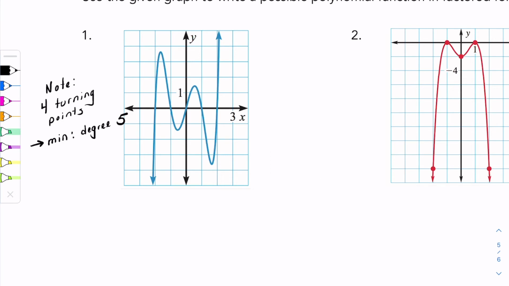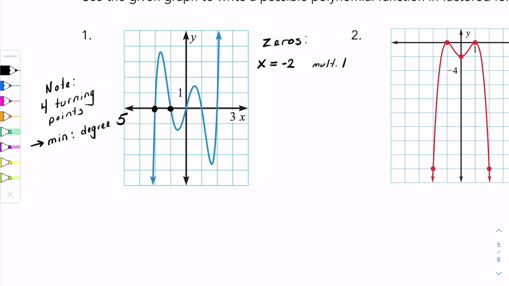I'm also going to make a note of the zeros. We have a 0 right here at -2. If the 0 is at -2 and it crosses through the graph, that tells us that the multiplicity would be 1.